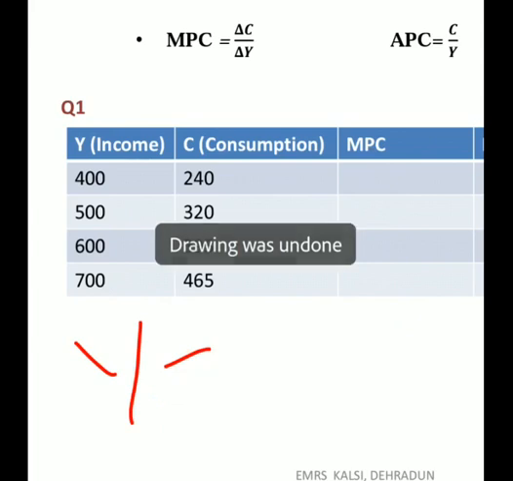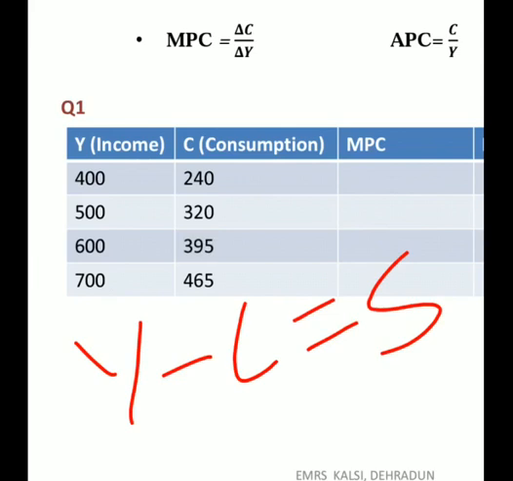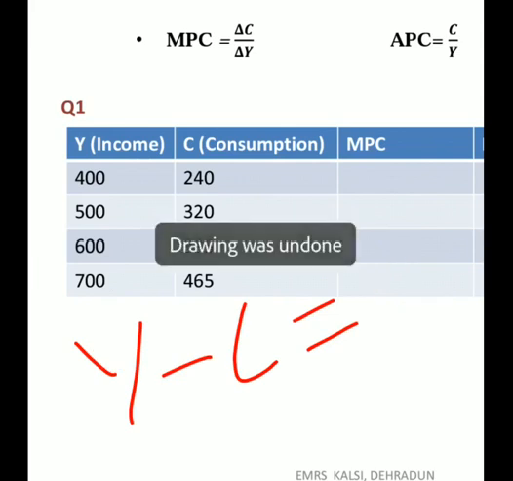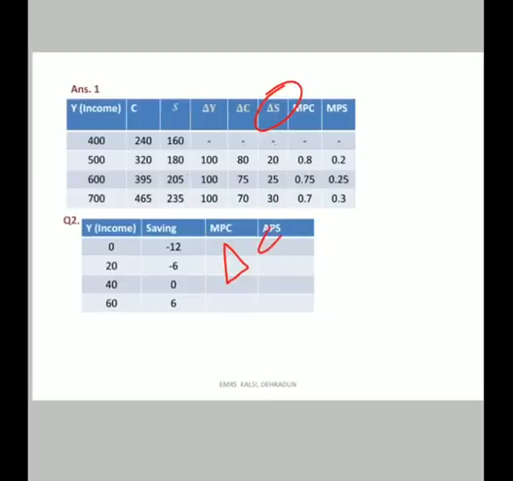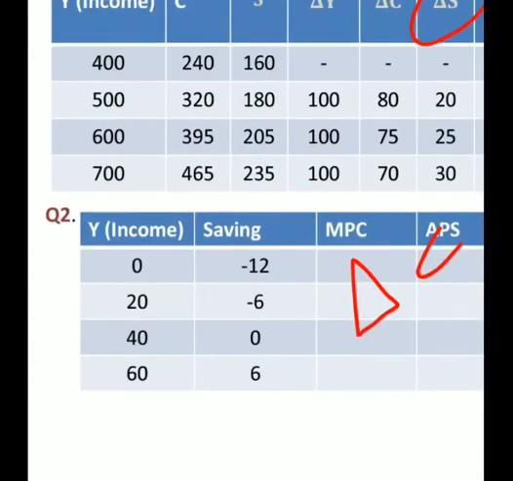So the formula will be Y minus C equals S. We will subtract consumption from our income. So 400 minus 240, what will be the saving? Our saving will be 160.